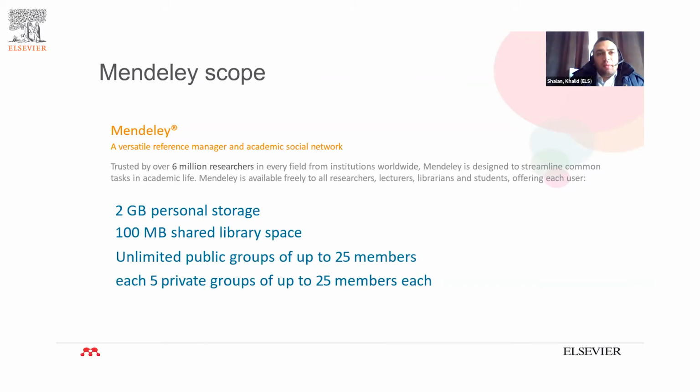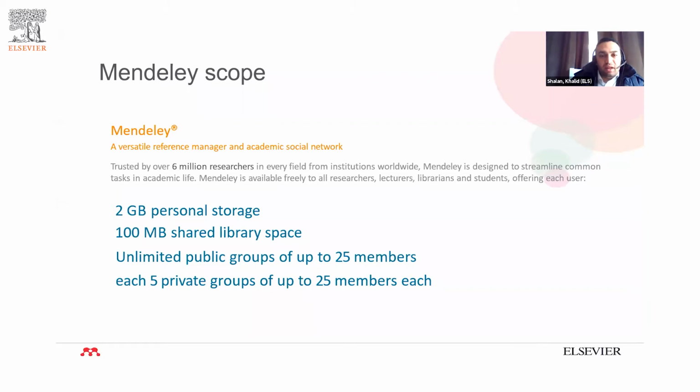Public groups have recently been deactivated, so you can use private groups. Public groups were previously created, but you cannot share full text papers over a public group because a full text paper could be copyrighted.